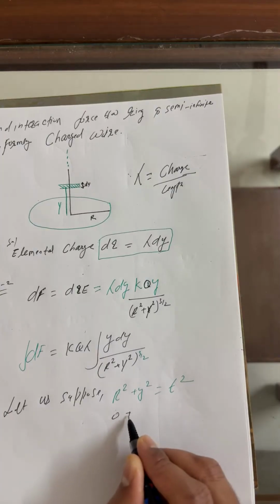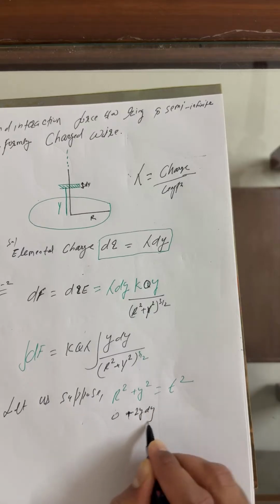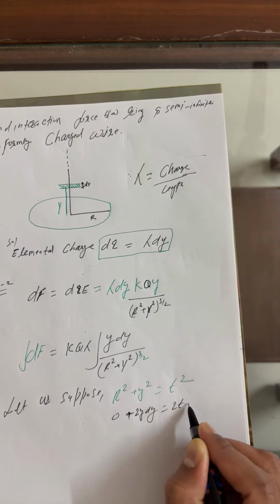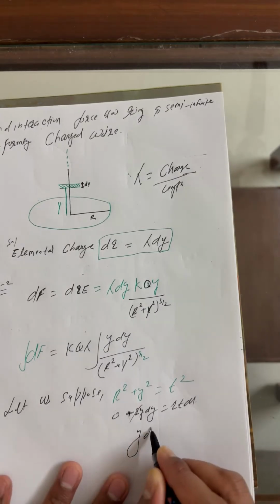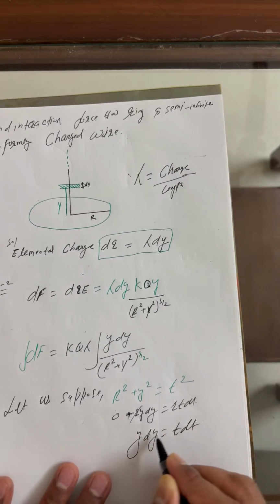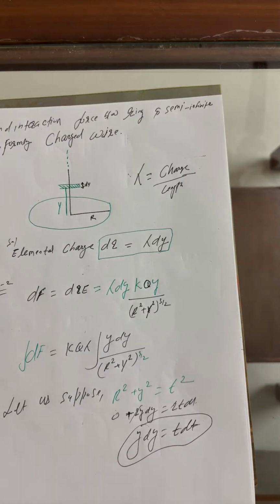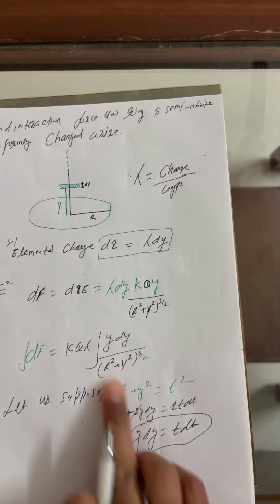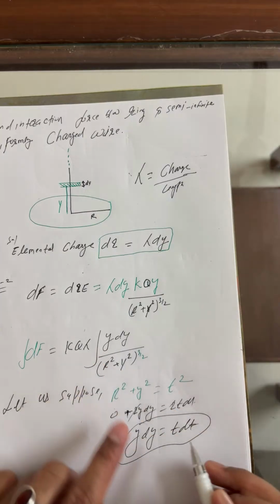So we can write 2y dy is equals to 2t dt. The 2 cancels, so y dy is equals to t dt. Now I'll apply the same thing over here on the integral.